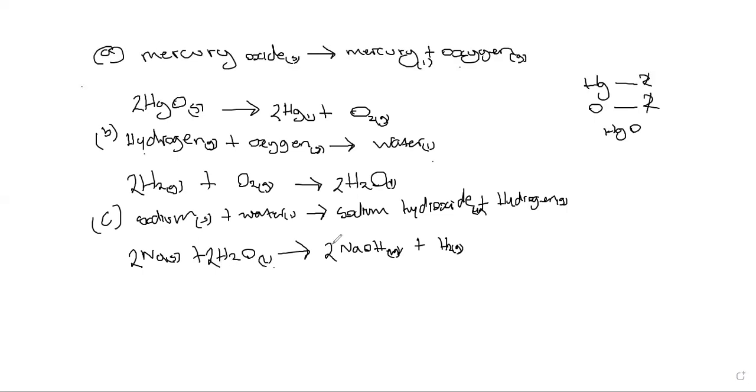This side, 2 times 1 is 2 plus 2, 4. Oxygen, we have 2 and here 2. So the equation is balanced. That's it for balancing chemical equations.